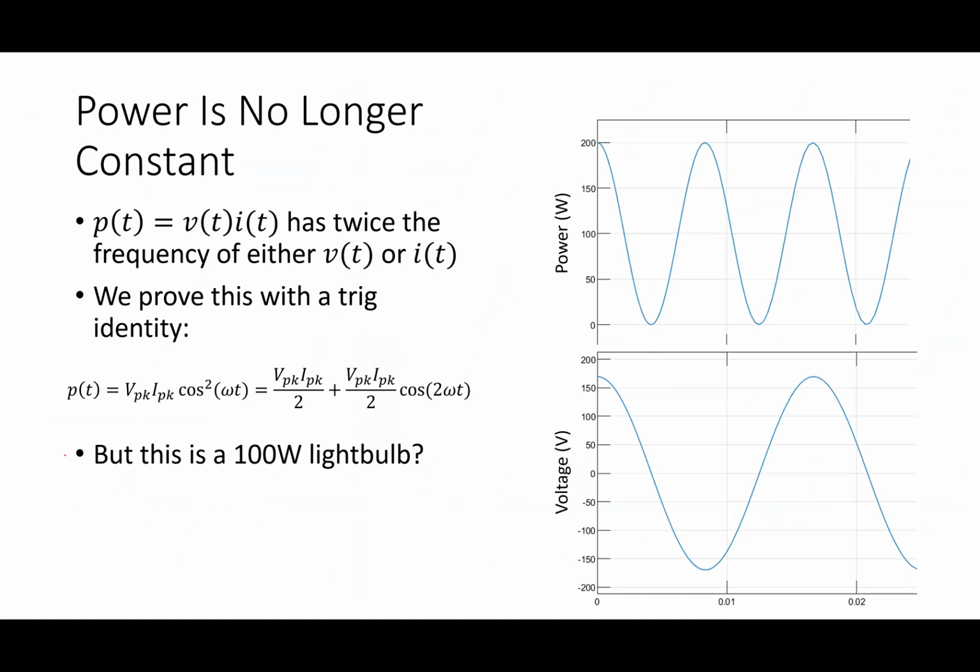So if I did this out mathematically, P of t, which is V times I, would be V times I peak times cosine squared, which basically becomes this. If I took the average of that waveform, the average would be this number right here. For this particular light bulb, that number would be 100 watts, okay?